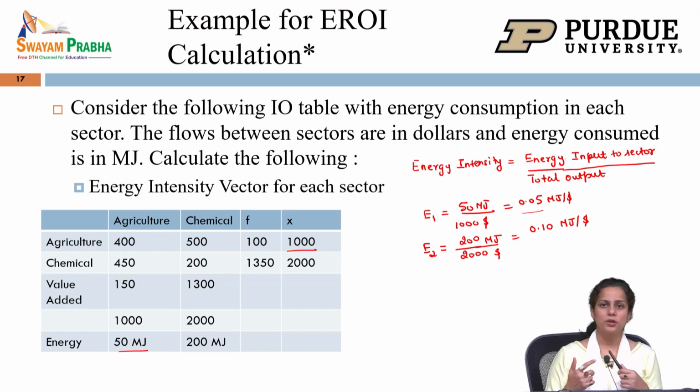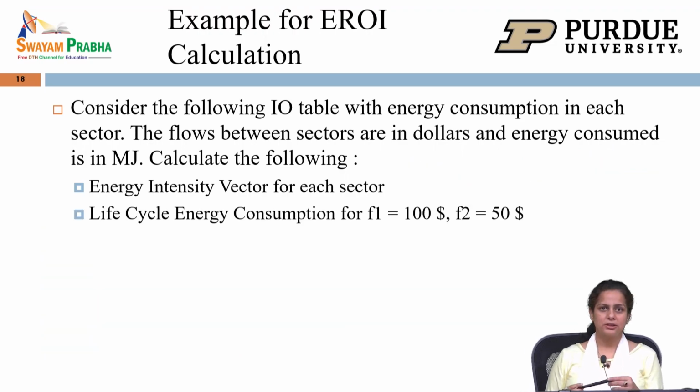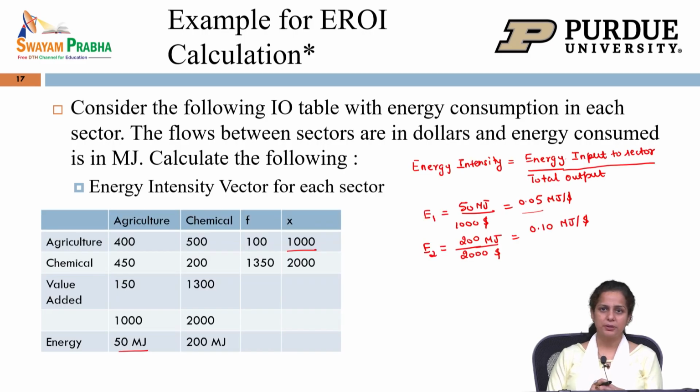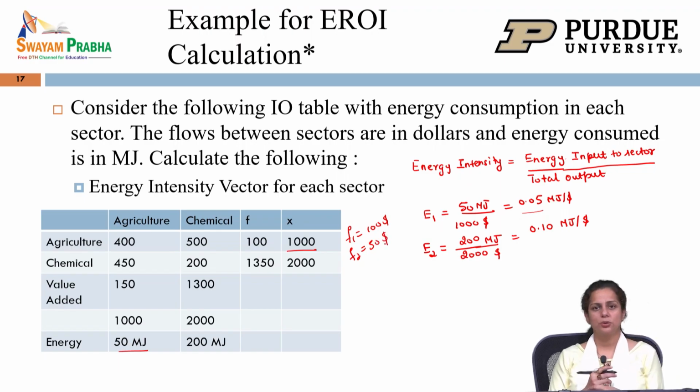So, let us move forward, and now let us calculate the life cycle energy consumption for a final demand F1 of $100 and F2 of $50. For that, you are going to use the same table. What you need to calculate is the total life cycle energy consumption.